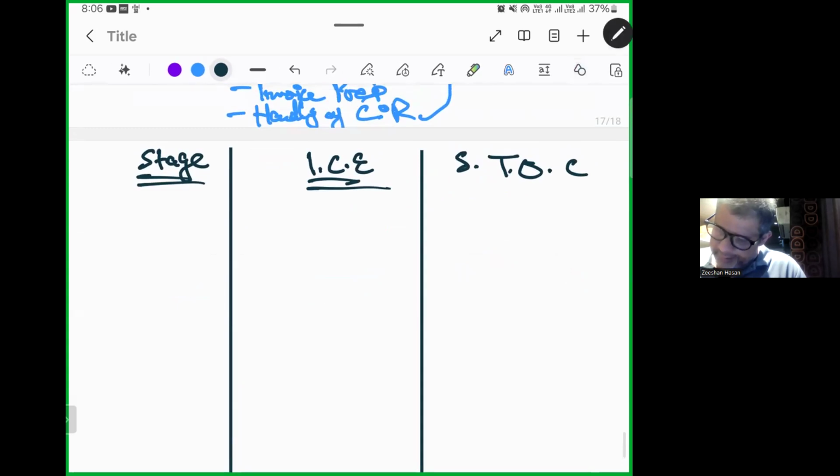So let's dive in. What's the other stage? It's sale order. So, internal control examples.